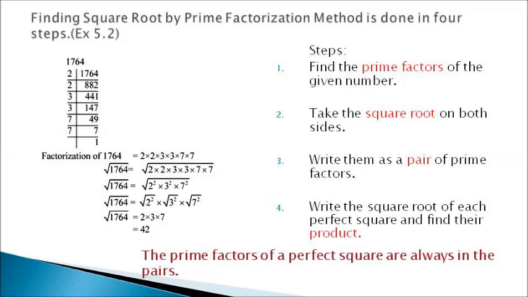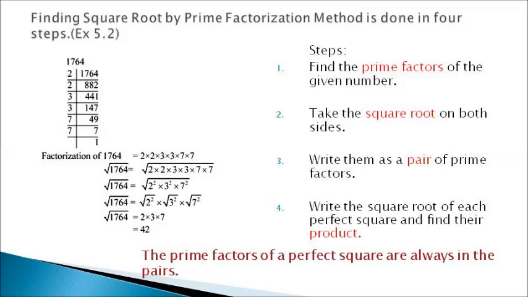In the next step, we have done pairing and written the pairs as squares. That is 2 square multiplied by 3 square and multiplied by 7 square. In the next step, we have written these pairs separately with 3 separate radical signs. Next, we take out these pairs and only write the factor once.